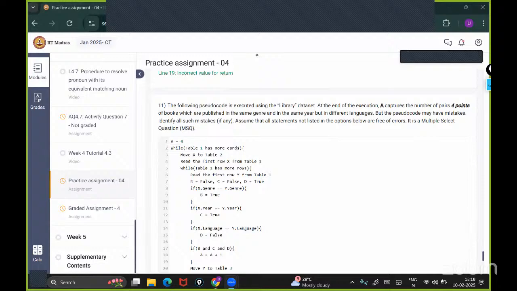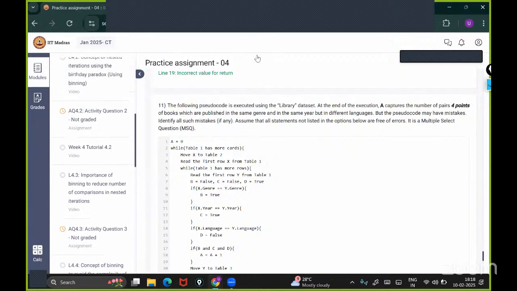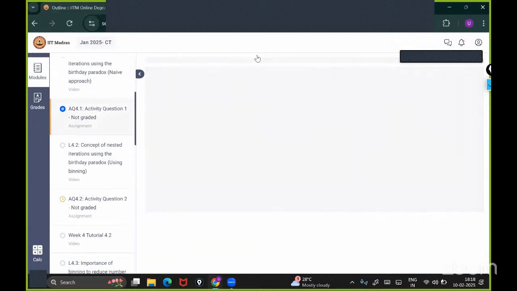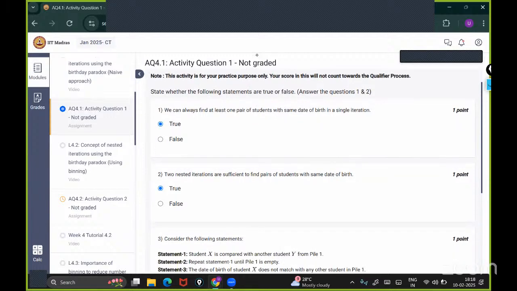All right, others, do you have any other doubt now? Shall we discuss the activity questions then? Okay, so the first question they have mentioned is we have to state whether the following statements are true or false. We can find at least one pair of students with the same date of birth in a single iteration.